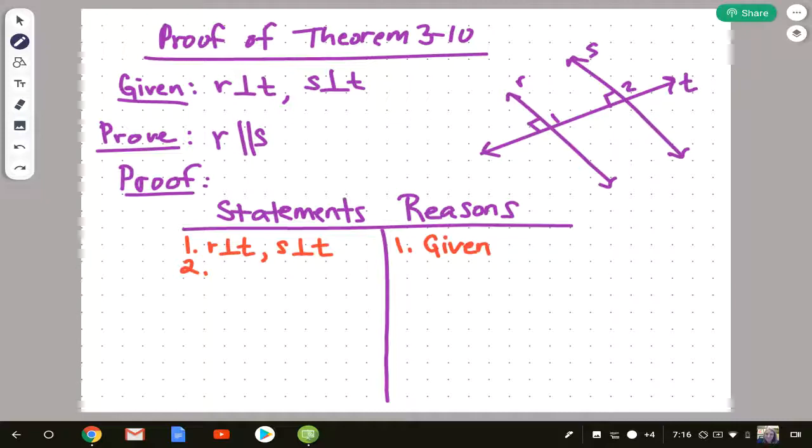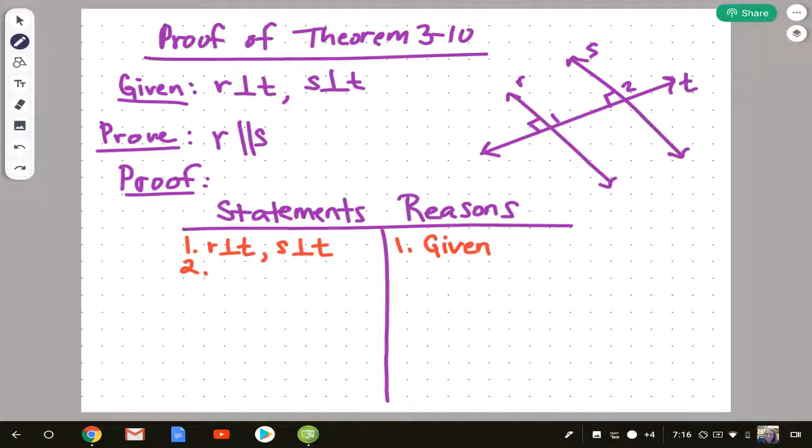Okay, so since I'm given that R is perpendicular to T and S is perpendicular to T, then I can also begin to look at angles 1 and 2 and figure out things that I can say about those, because clearly I need to use them if they're shown in the diagram, even though nothing is said about them in the given statement. So if R is perpendicular to T, then that line where it intersects must have 90-degree angles on either side.